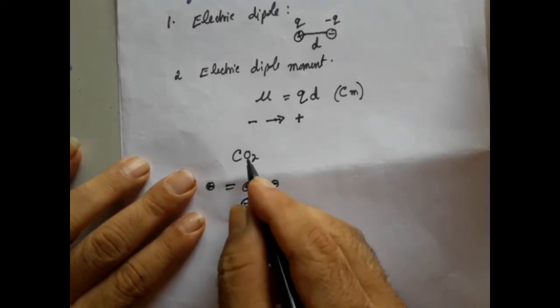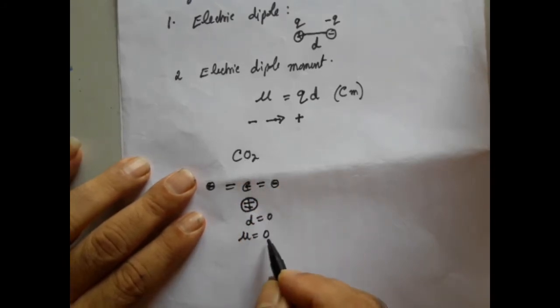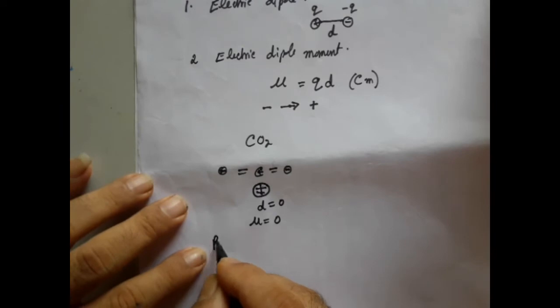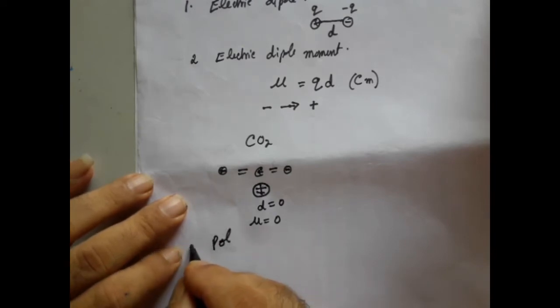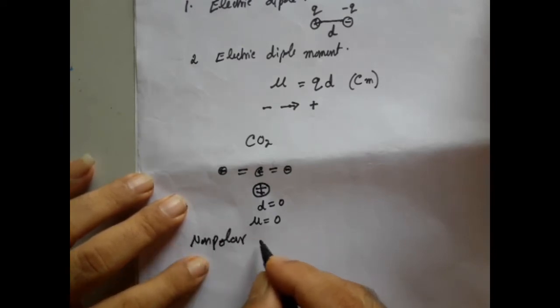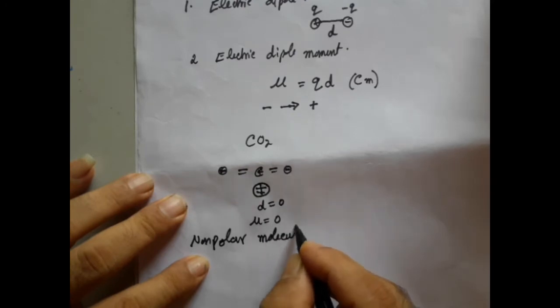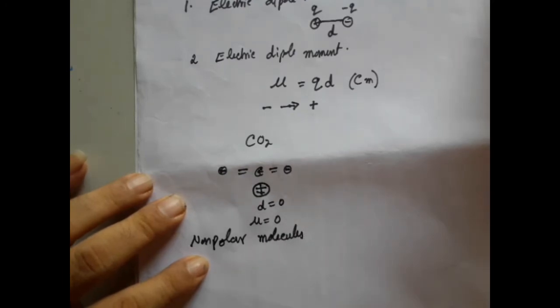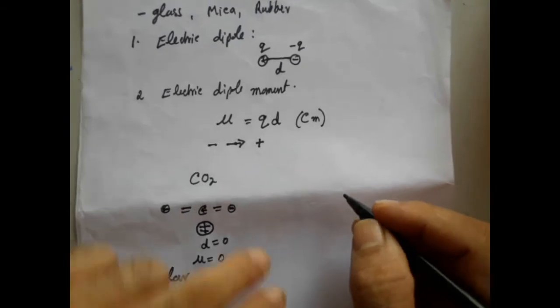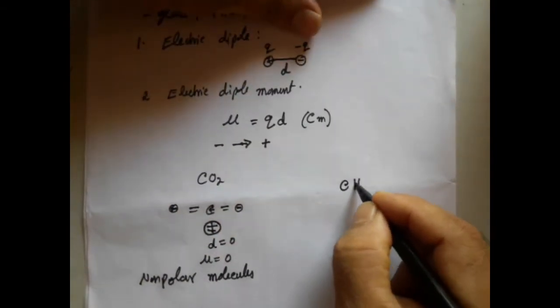Therefore, those molecules in which the net dipole moment is equal to 0, we call them non-polar molecules. Take one more example of methane, CH4.